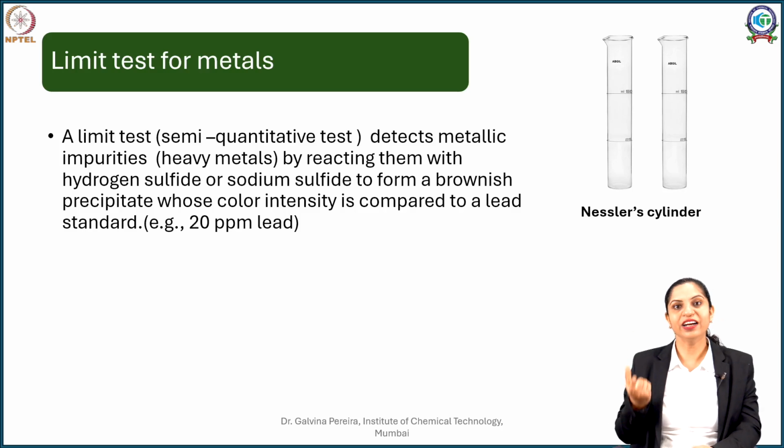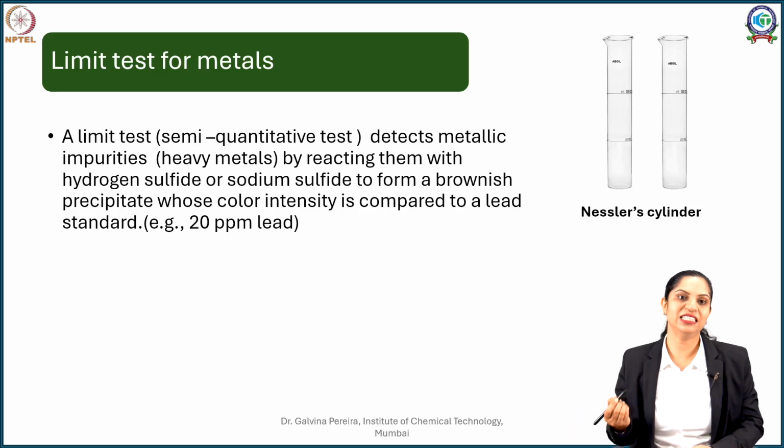So you are going to take a gram of drug substance and completely incinerate it. Now with the previous sessions, you know that once you ash it, your organic content is gone and what is left is your inorganic content. Now this inorganic content is kind of suspended or dissolved, and you use what are called Nessler's cylinders because we want comparison.